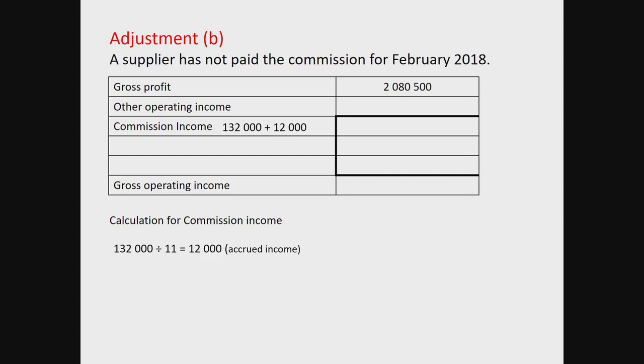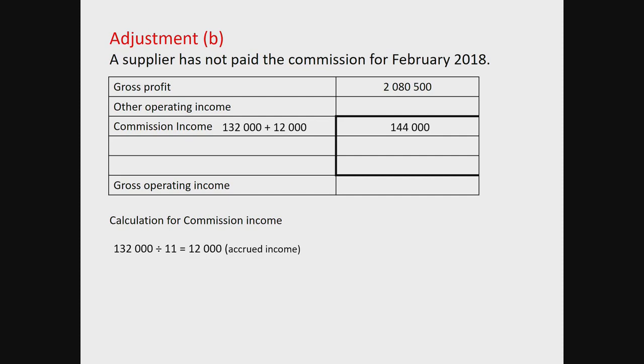In your amount column will be the amount that must now go to the income statement, which is 132,000 plus your 12,000, and that will give you 144,000. The section that we are in is the operating income section, and the item that we're busy with is commission.